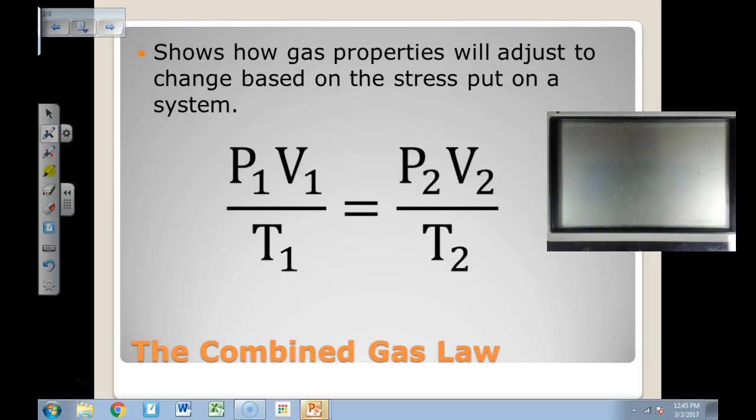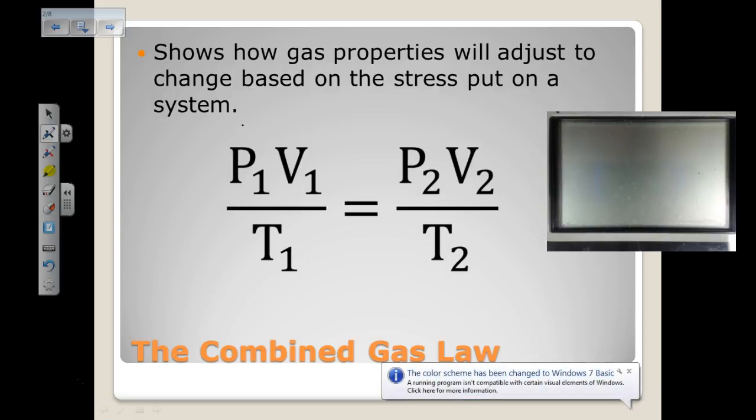That's why it says P1. So whatever the first set of conditions are, it's going to have a pressure, a volume, and a temperature. Now, what we can do is, for example, increase the volume, from this original volume.